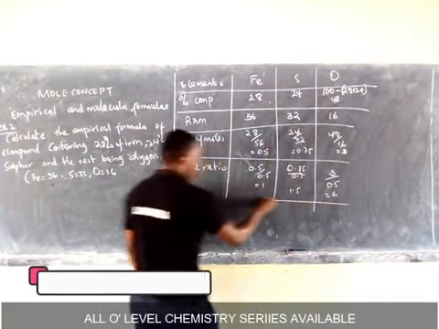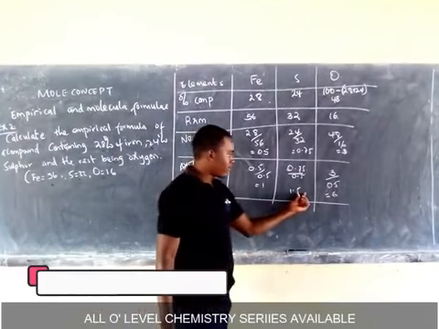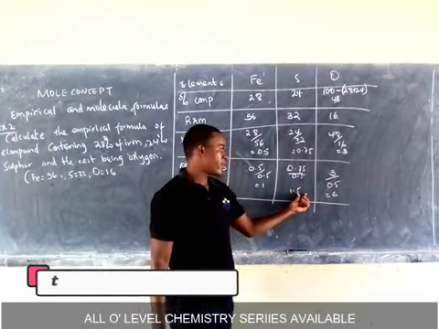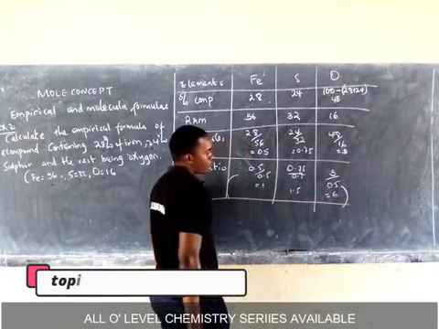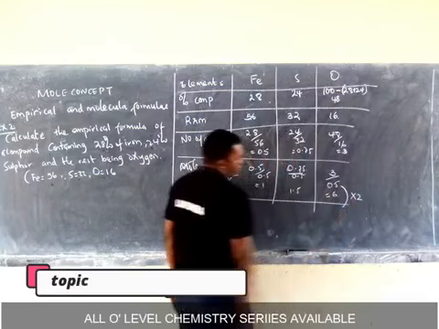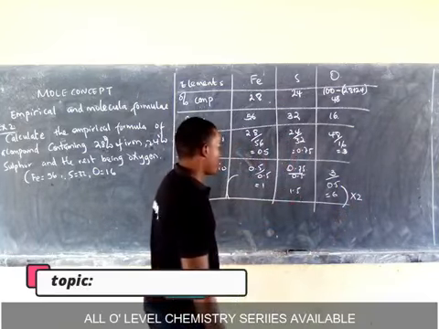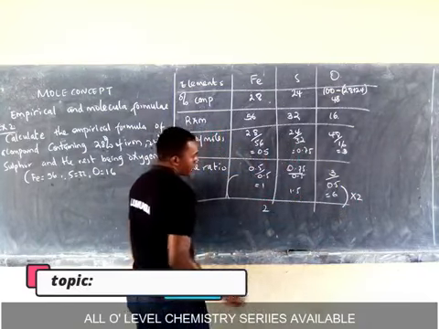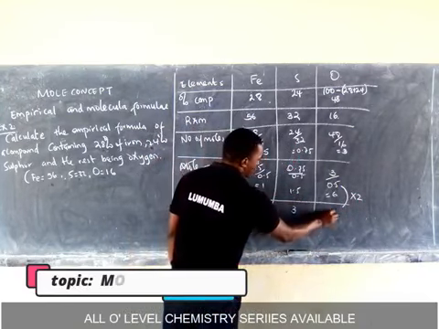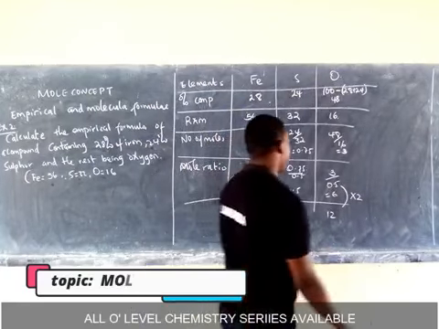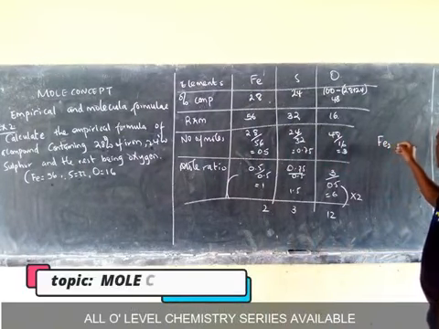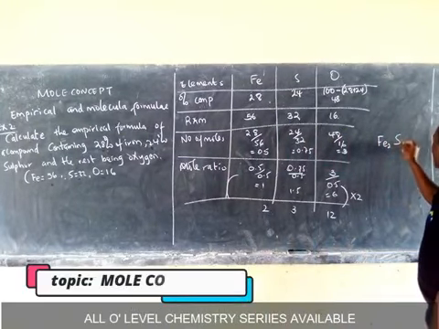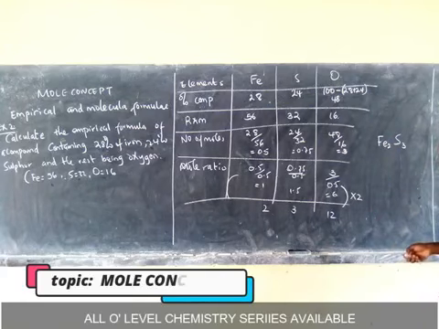If at all we have a decimal point that is 0.5, we multiply the values by 2. So I'm going to multiply the whole of these values by 2, so as to remove the 0.5 and make it a whole number. So I'll get 2 here, I'll get 3 here, I'll get 4. Therefore, I'll get my empirical formula as iron 2, sulfur 3, then oxygen 12.